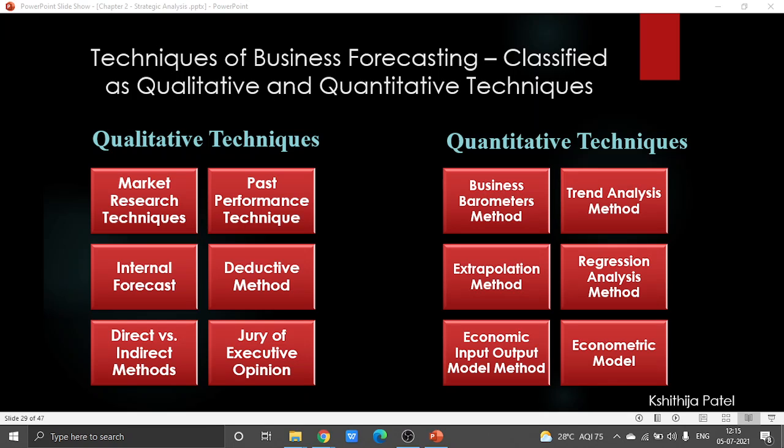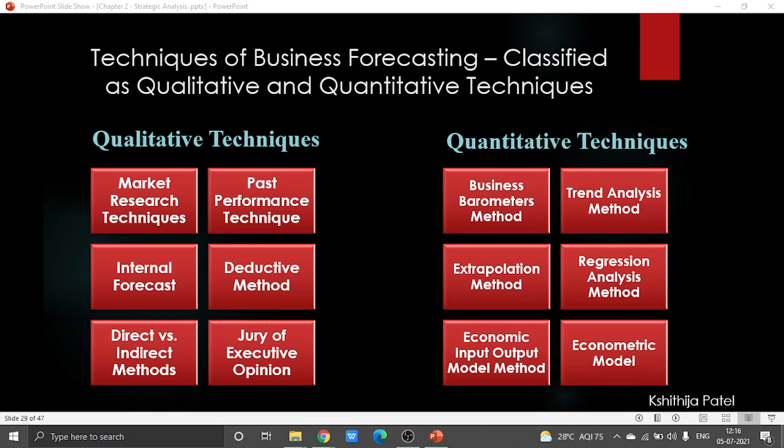It believes that the behavior of this time series in the past will continue in the future also, and on the basis of this belief, the future shall be predicted.